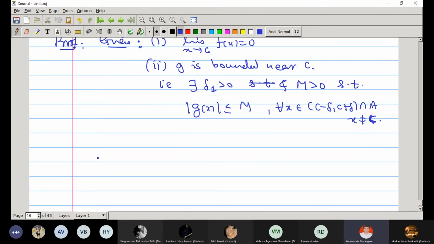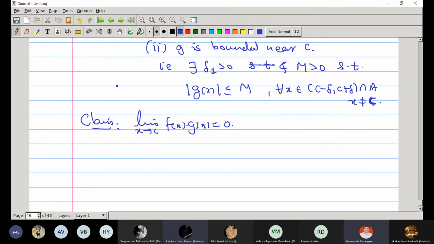Okay, so what is our claim? Right, so this is our claim. So naturally, how to prove this? What should be the natural strategy? For given epsilon, we should find delta.